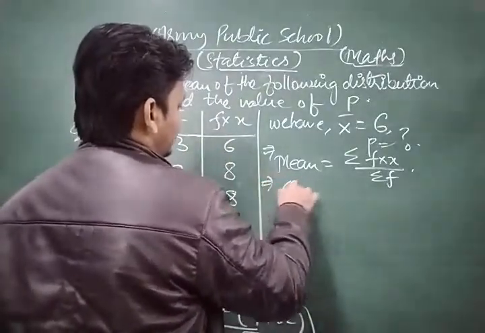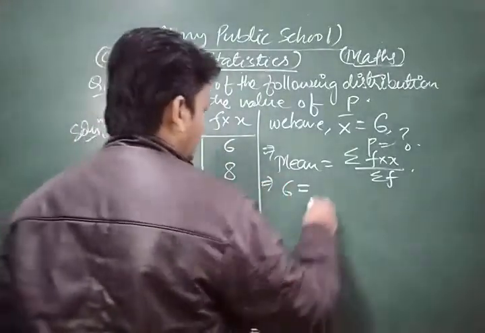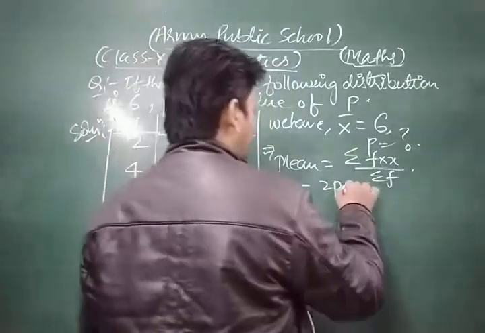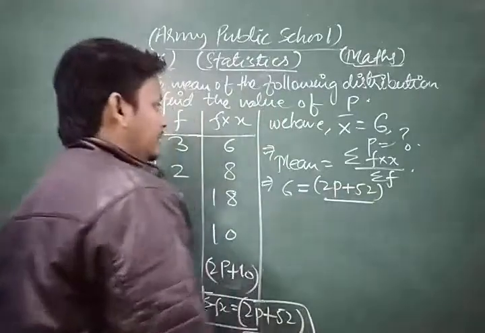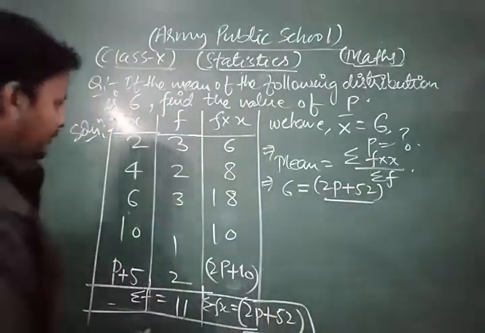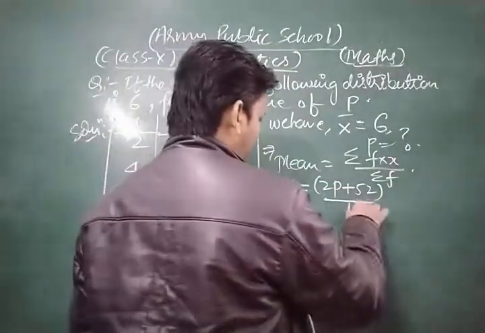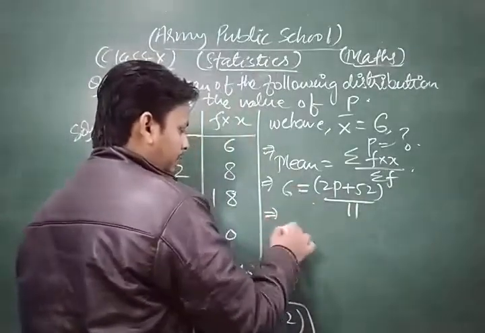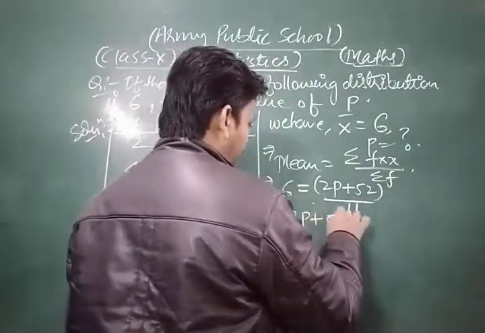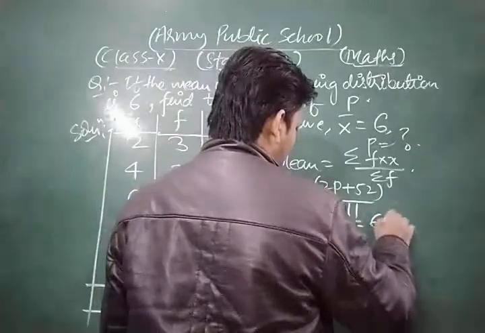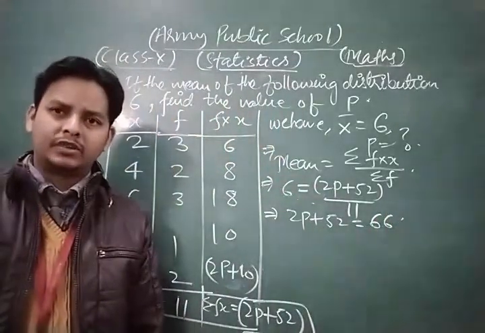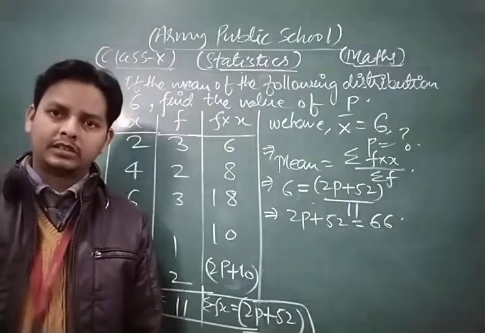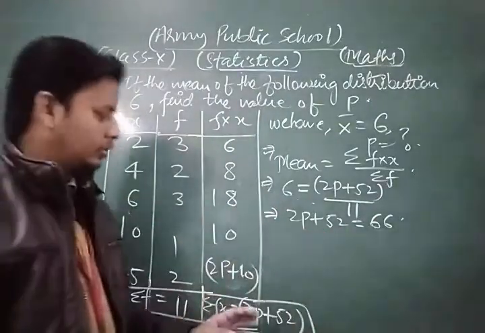Sigma fx is 2p plus 52, divided by sigma f, which is 11. Now we do the cross multiplication. So 2p plus 52 is equal to 66.